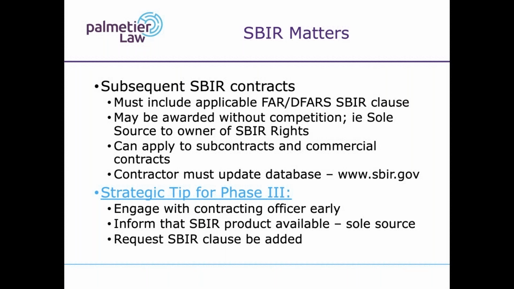That prime contractor can also award to you on a sole source basis. And you can also sell the government this technology the government's funded for commercial purposes. So it's a pretty broad base, but that sole source capability, which ties in with the SBIR rights, is one of the biggest benefits.